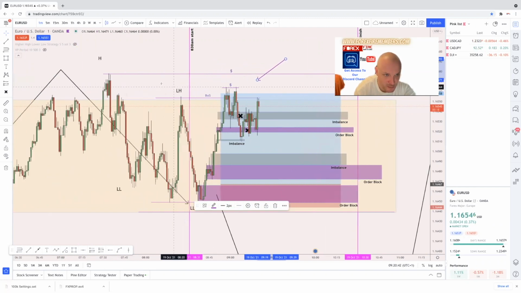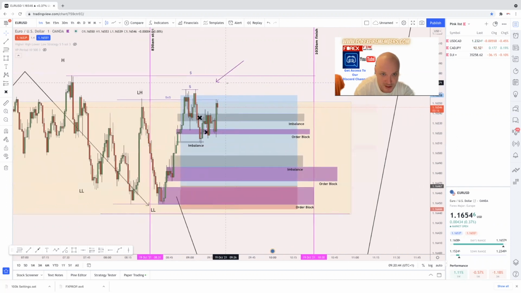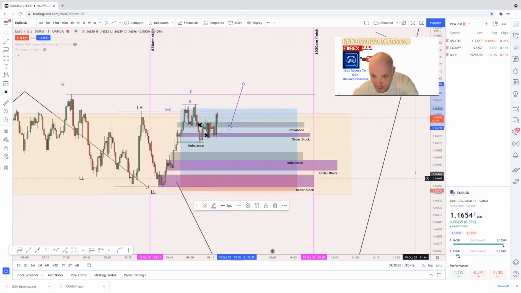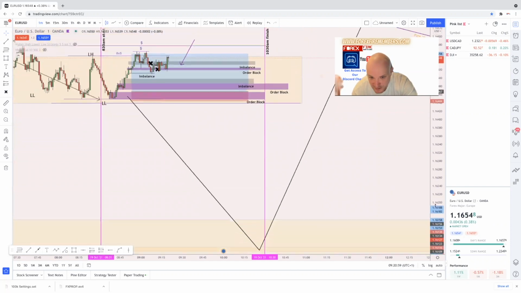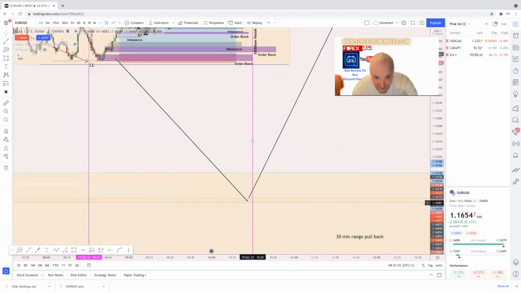If we were to break this high point, I've certainly got areas here that I would be looking at as a mitigation to then continue on the upside. I do still believe the general bias is at some stage we're going to come down to mitigate into this area.